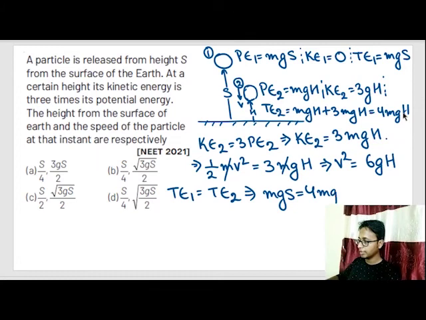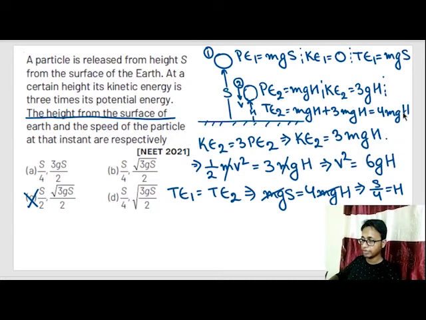So mgs equals 4 mgh, our mg gets cut, and s by 4 is equal to h. So this option is incorrect. We found the first part of the question, the height from the surface of the earth.